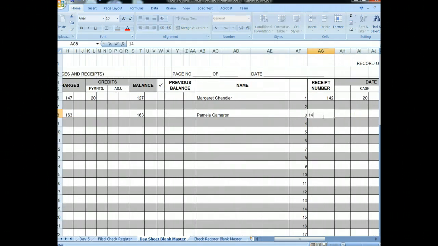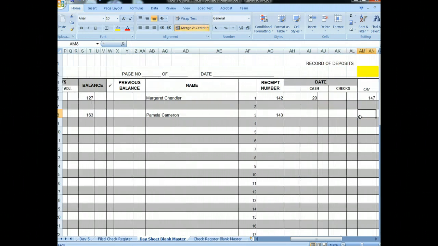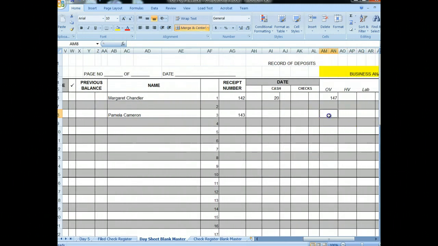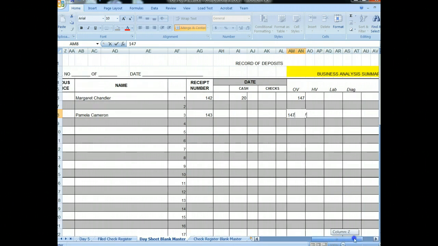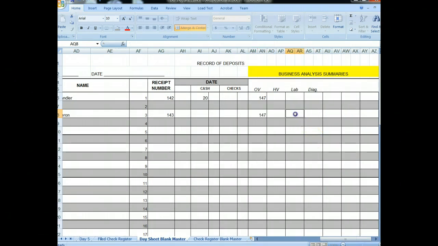Receipt number 143. No payments. And we had an office visit of 147. And we had 2 tests. So that amounted to $9 plus 7 is 16.